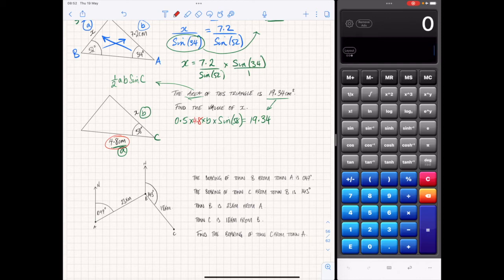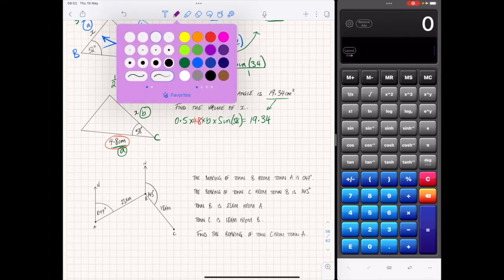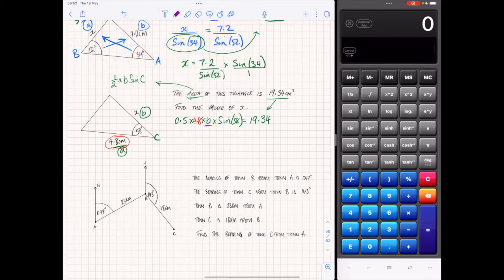I'm now trying to find B. So the question is actually asking you to reverse all this and find this value of B. Because all of this is multiplied, we're basically saying 0.5 times 4.8 times sin 58 times B is equal to 19.34. Because they're being multiplied, it doesn't matter which order you put them in.